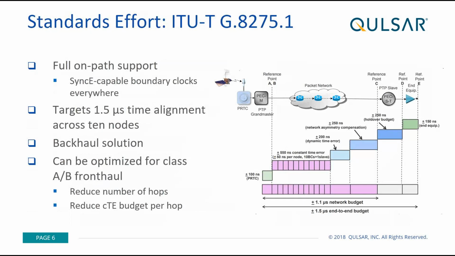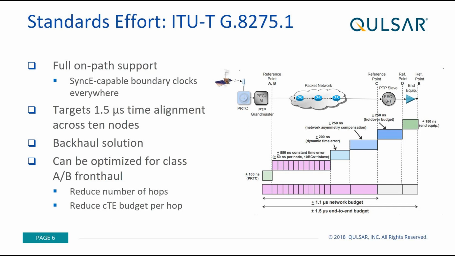So the standards bodies have been putting a lot of effort in the last couple of years into defining standards for synchronous Ethernet in what they call full-on-path or partial-on-path support networks. The first of these is defined in a standard called G.8275.1, and deals with the full on-path support case, which is a situation where you build your network from synchronous Ethernet-capable boundary clocks from the start.